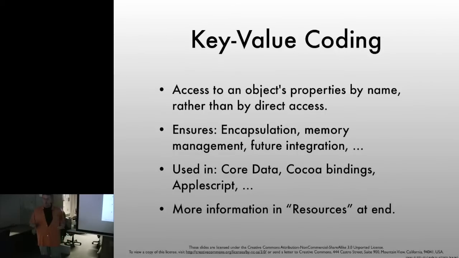As a quick, brief overview, key value coding is a way that you can reference members of a class by name, as opposed to doing it through specific memory accesses like the dot property accessors and getters and setters.